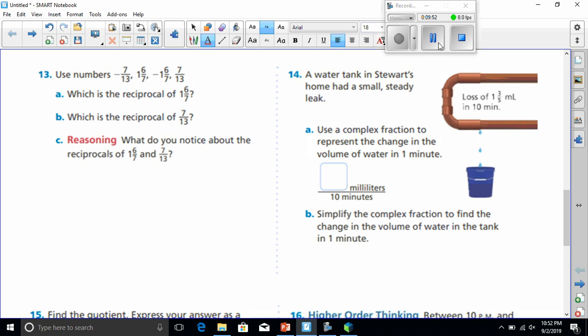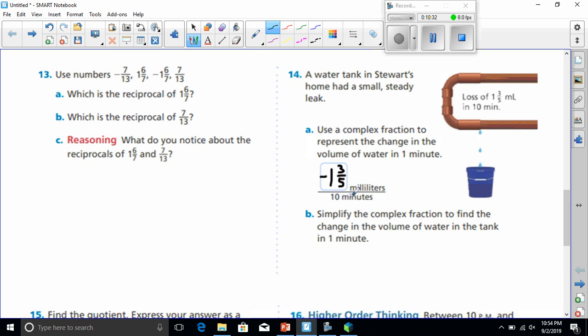Well, first of all, we have to go ahead and fill in that blank, and that should be easy enough. We know since it says a loss of 1 3/5 milliliter, a loss means that this number is going to be a negative because we're losing. So this is going to be a negative 1 3/5 over 10 minutes. Now it says simplify the complex fraction to find the change in the volume of water in the tank in 1 minute.